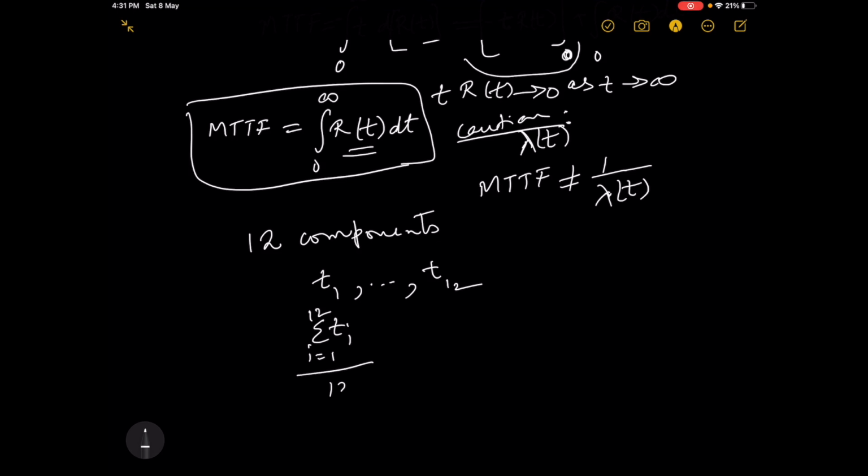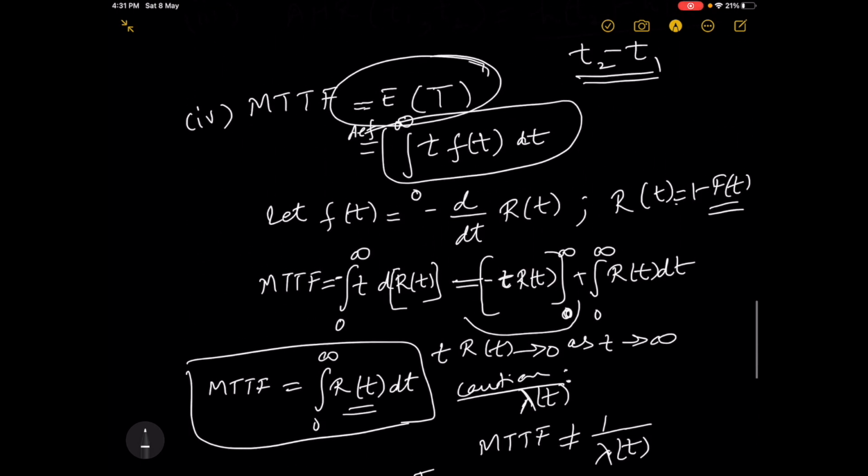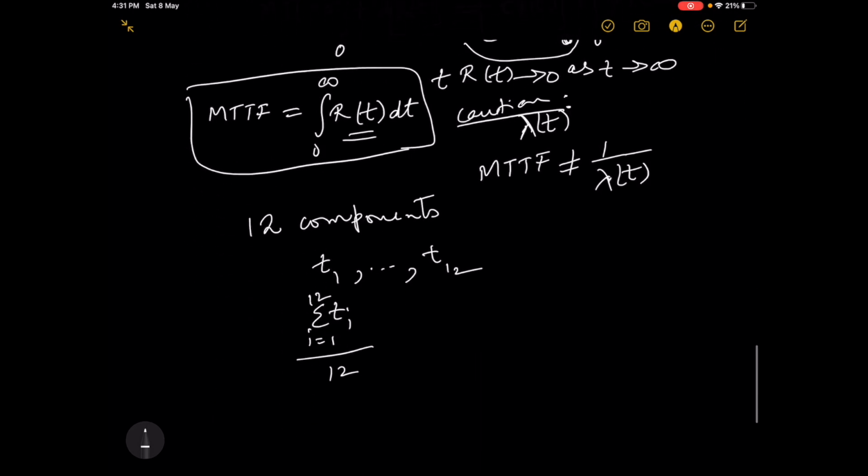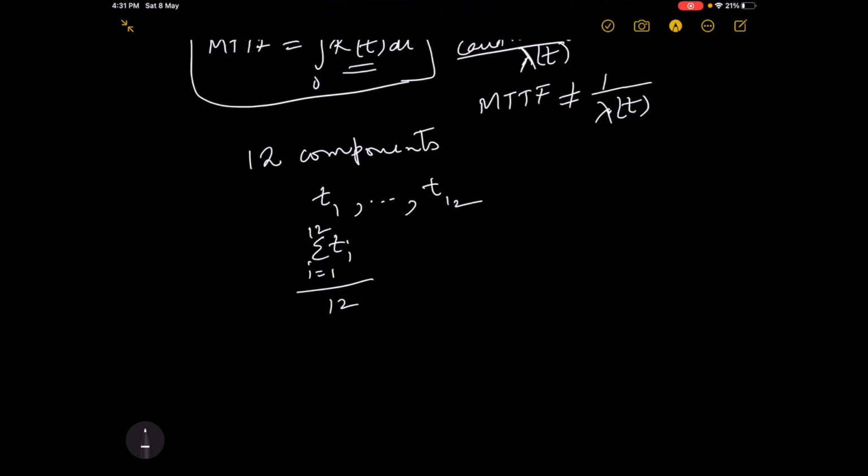To get the average lifetime of the 12 components, we simply take the arithmetic mean, right? So, let us say it comes out to be, say, 3660 hours if the summation or the total lifetime is, say, 43920 hours.